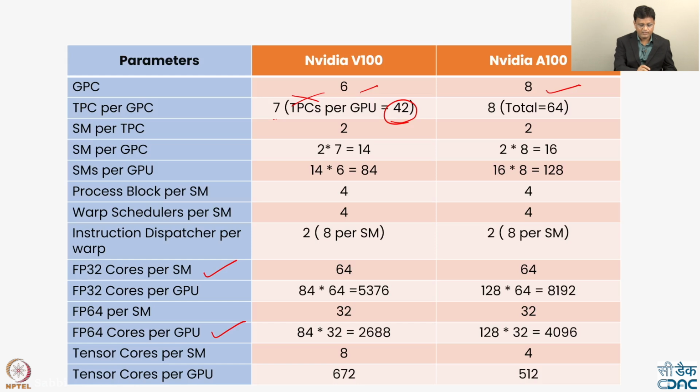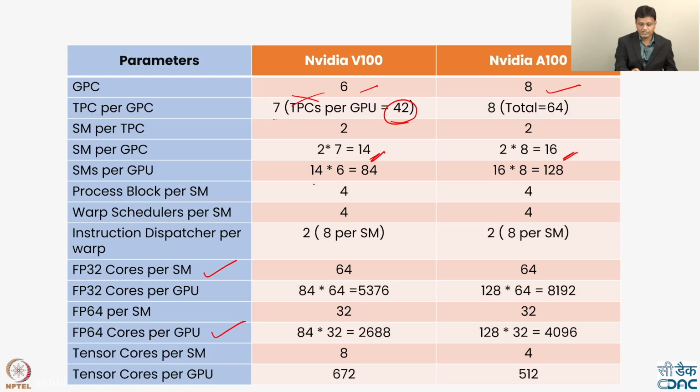As we know, there are 2 SMs per TPC, so you can calculate how many SMs are present in each GPC. Here there are 14 SMs per GPC, and in the A100 case 16 SMs are present per GPC. Now I want to calculate SMs per GPU.